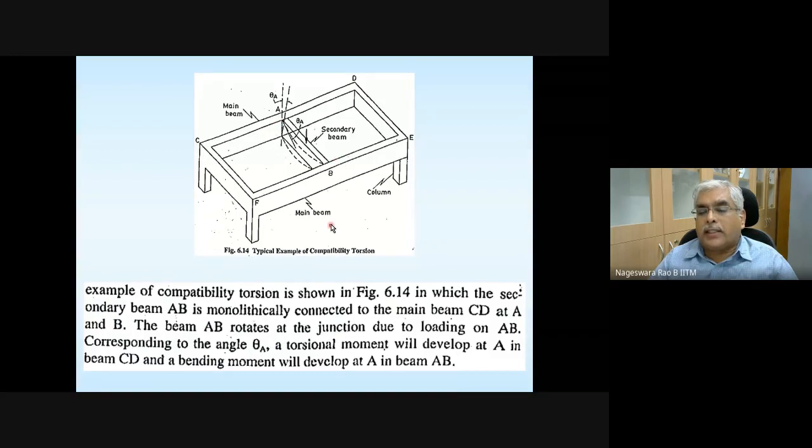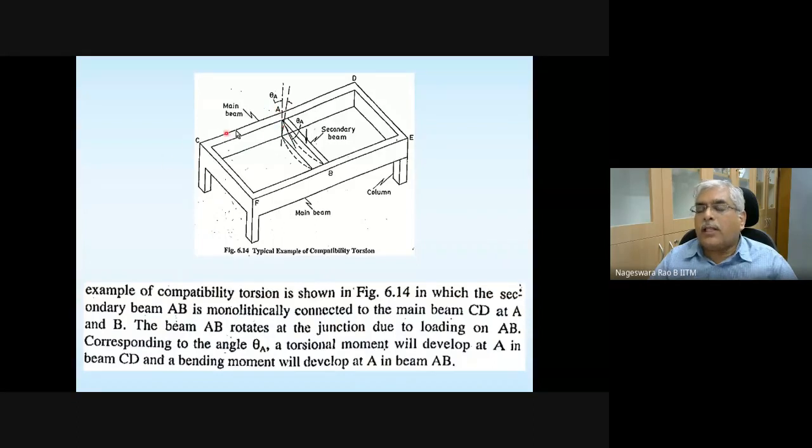This beam AB rotates at this junction because of the transverse loading on the secondary beam, corresponding to angle theta A. This end is designated as A, this end is designated as B. Rotation here is denoted with theta A. A torsional moment is developed at A in the main beam CD, and a bending moment will develop at A in beam AB.